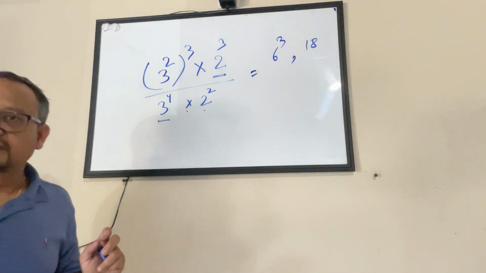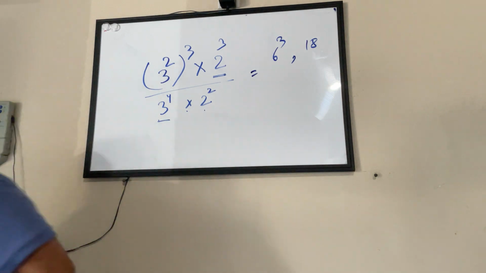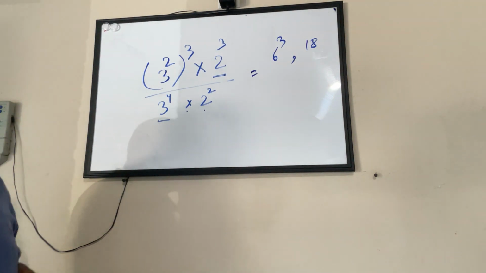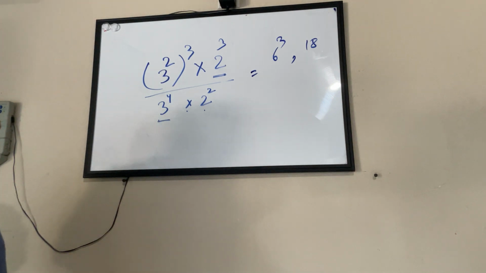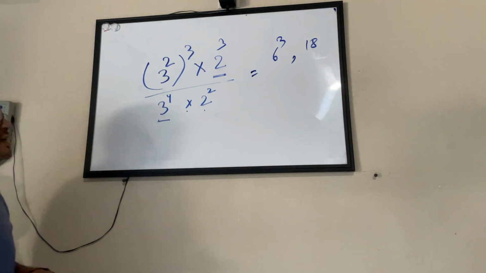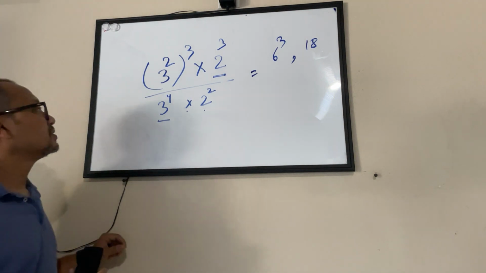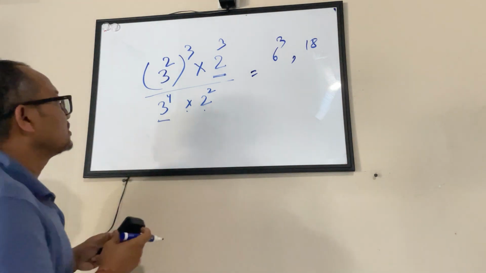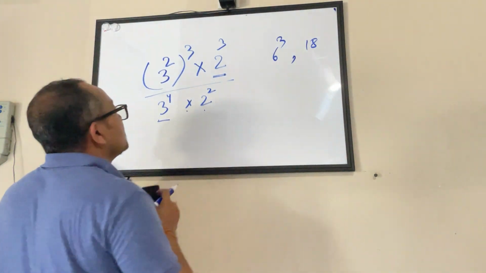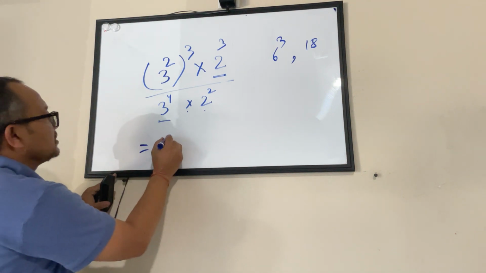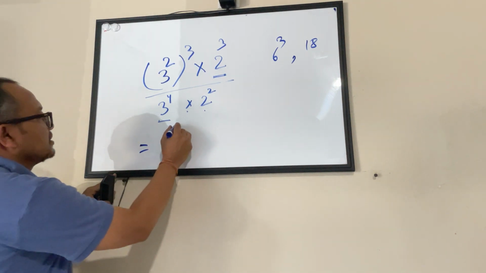Pranav, do you want to tell me how you got 18? Just tell me the process part. You don't have to tell me the calculation. First I did 3 to the power of 2 in brackets, and then to the power of 3. That became 3 to the power of 6.